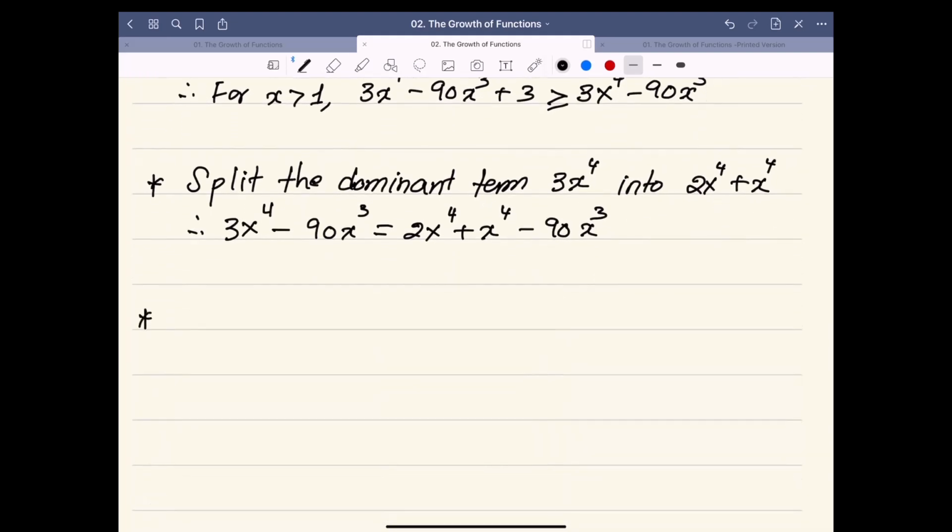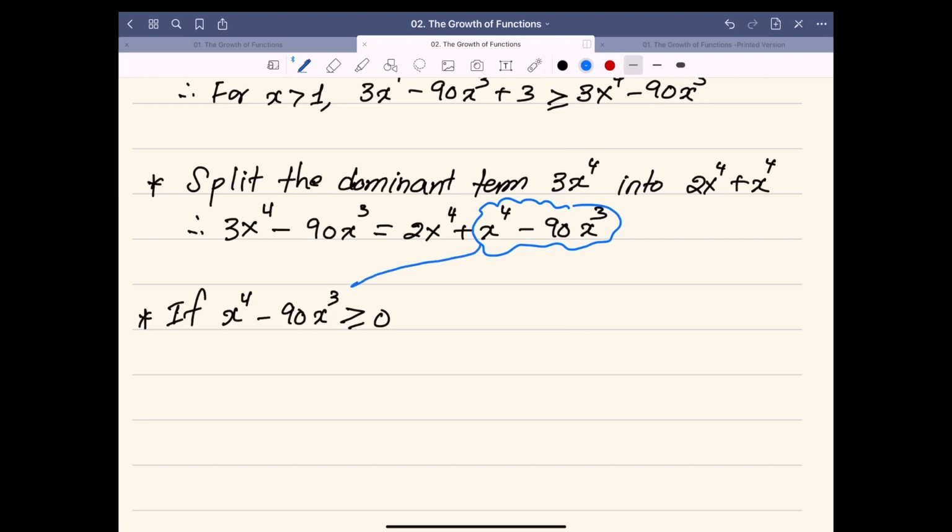Now we will look at this polynomial. We will consider the following. If x raised to power 4 minus 90x raised to power 3 is positive, look at this part, okay? If this part, so I will put brackets, maybe I will cloud it now. So we will cloud it here.